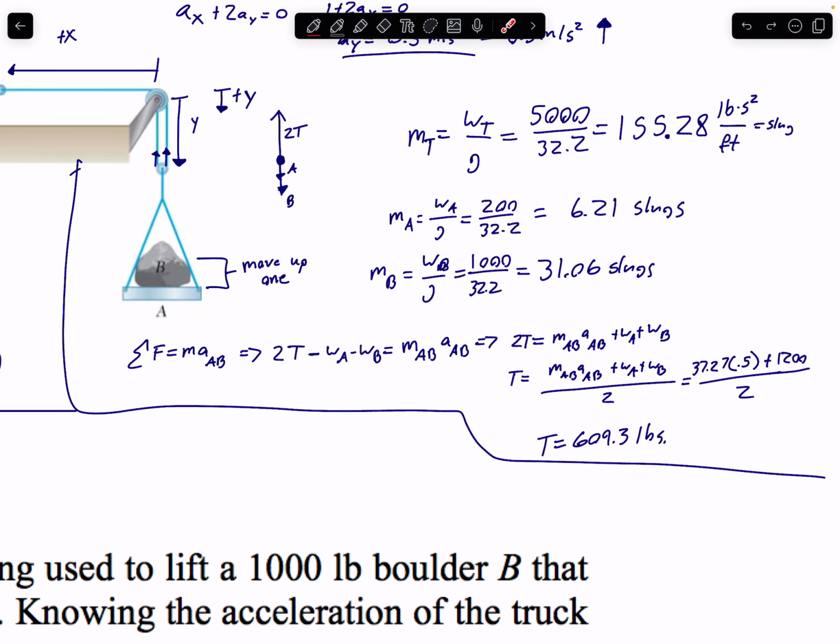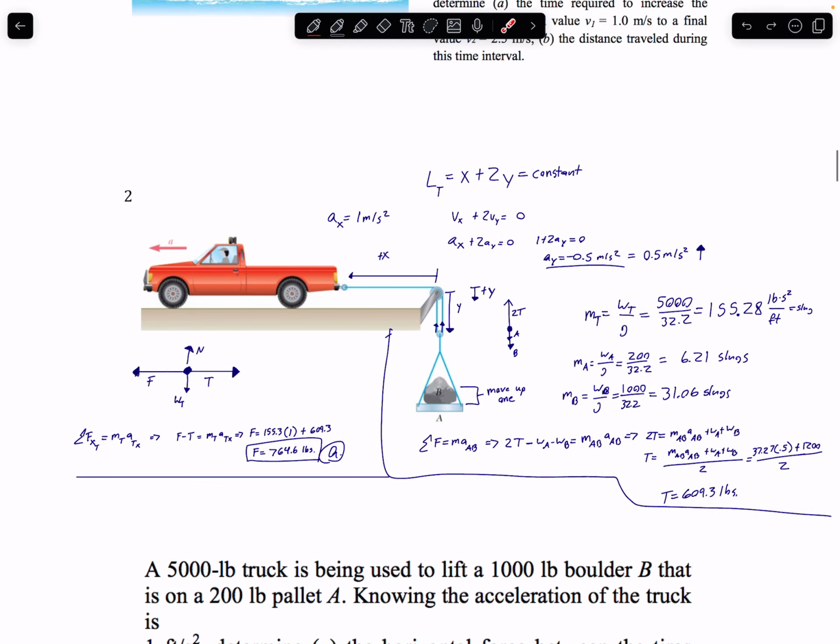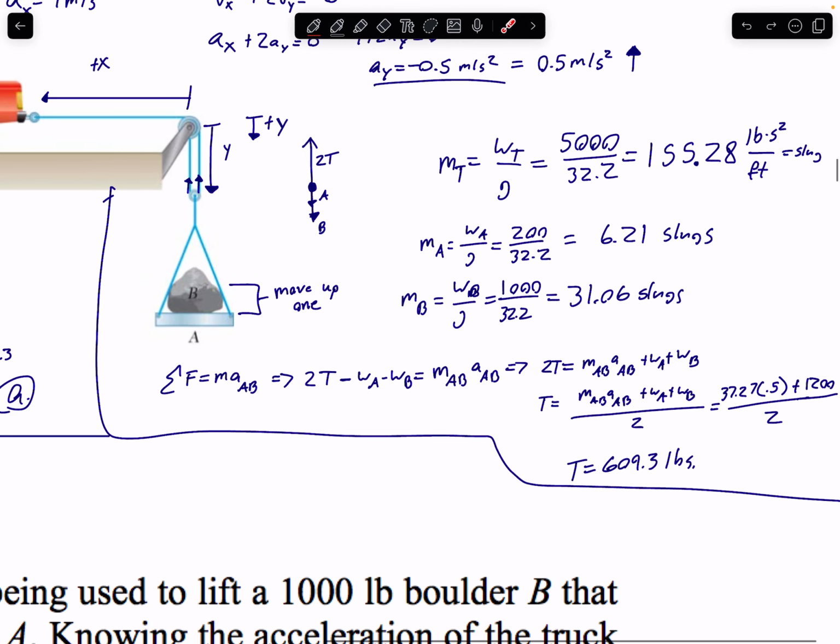So we know the acceleration of A and B. They move as one, moving in that direction. We know that there are 2 ropes on them, as you can see here, pulling up, and so that means it is 2t. This is our free body diagram there.